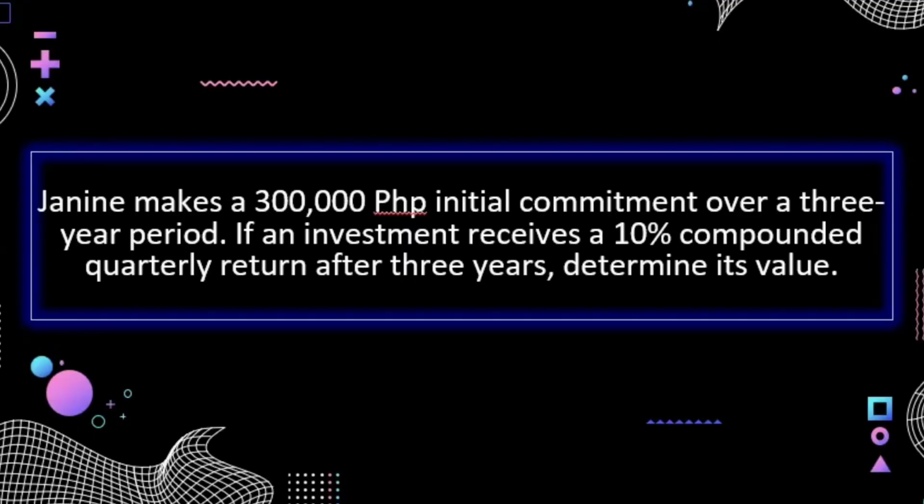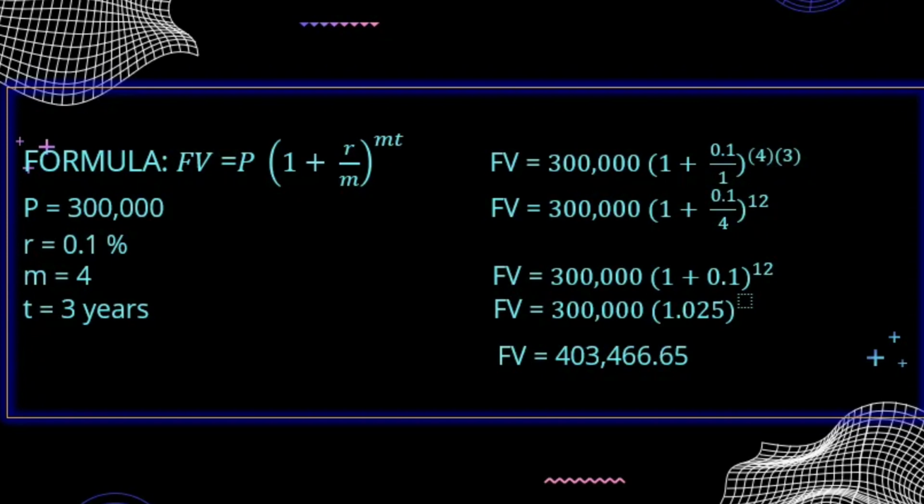Next example is this. Janine makes a 300,000 pesos initial commitment over a 3-year period. If an investment receives a 10% compounded quarterly return after 3 years, determine its value. So, of course, first thing we need to do is list down all the given values.